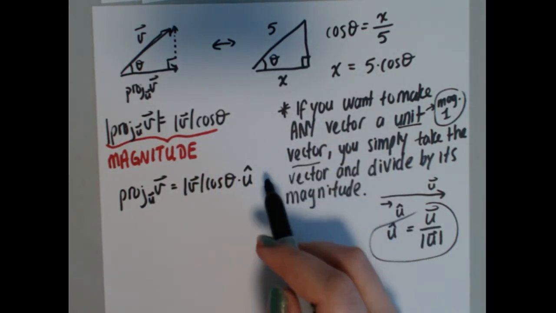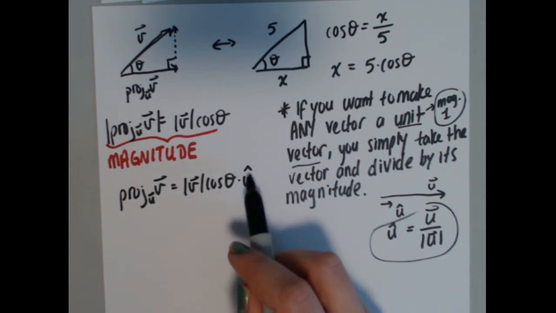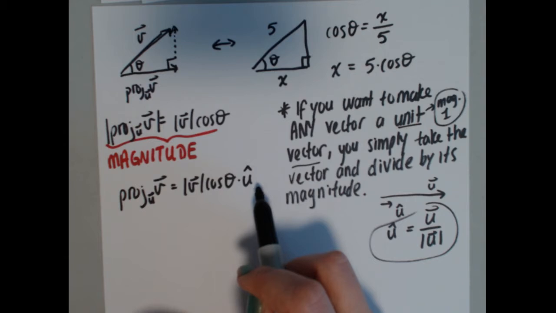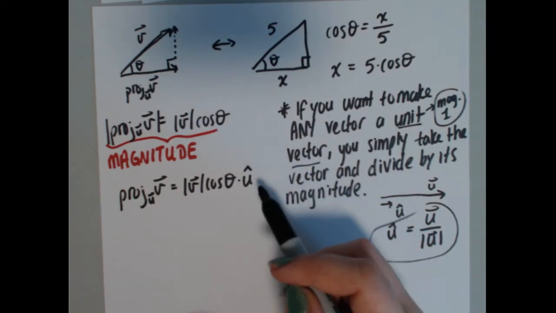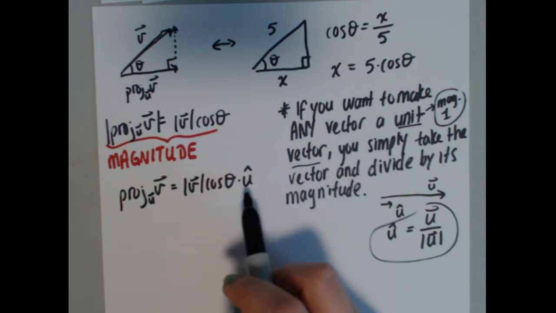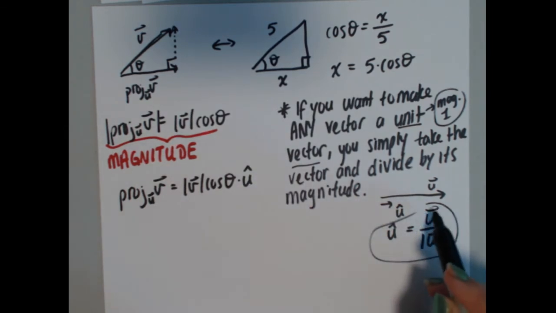Now, like I just said a couple moments ago, the book doesn't use the hat symbol. So even though I'm showing you this now, I'm showing you so that when you study mathematics next year in university, if you ever see the hat symbol representing a unit vector, you'll remember this and say, okay, well, that's the true symbol of what it is. Here, we're not going to be using the hat symbol. We're going to always use the right side here, u over magnitude of u.